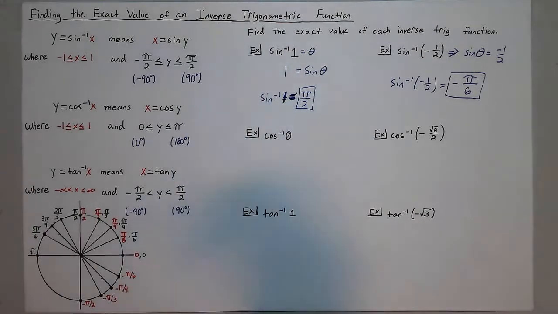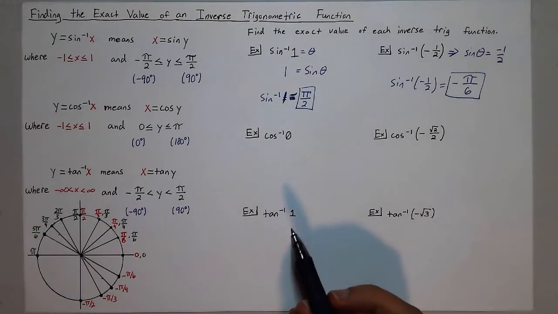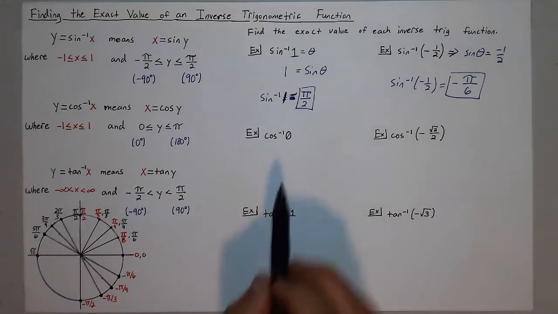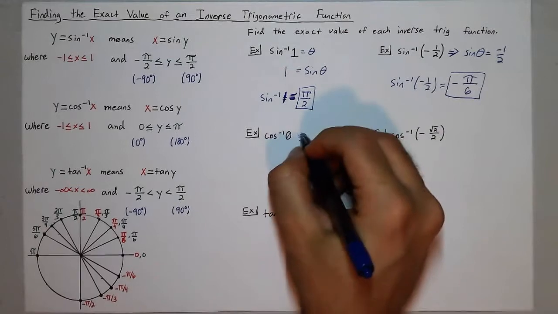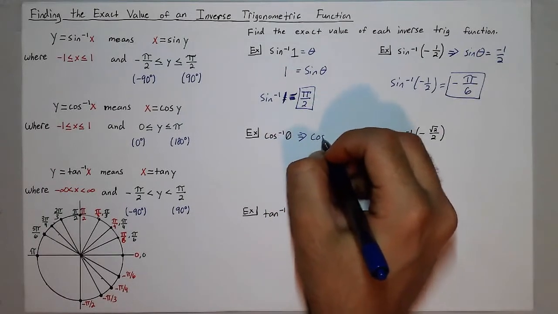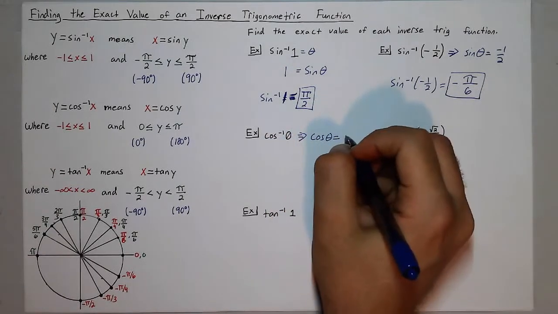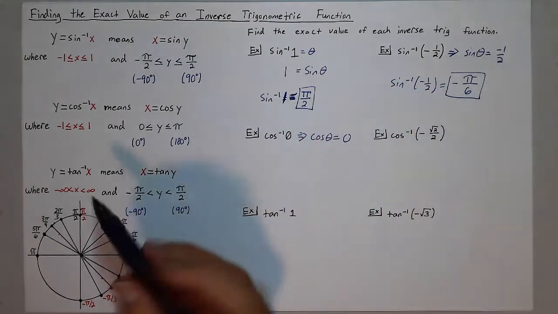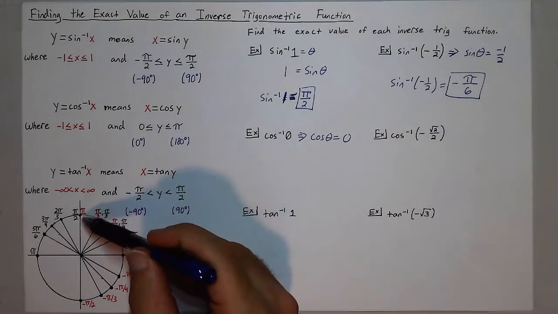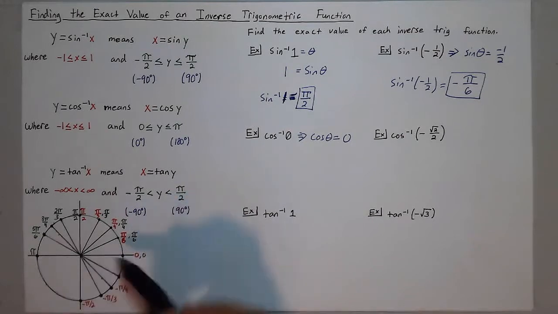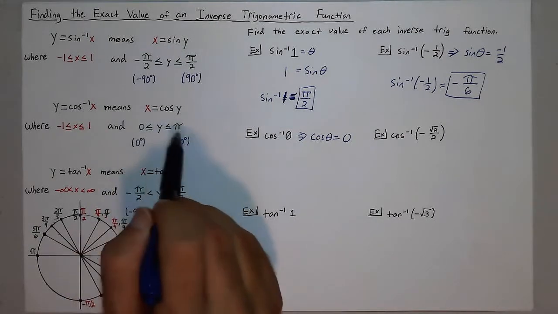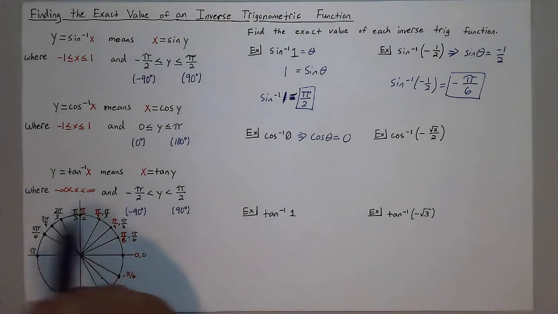Again, you're getting angles when you plug in values into inverse trigonometric functions. For cosine inverse of 0, the logic would be: what angle would make cosine 0, which we know happens at pi over 2 and 3 pi over 2. But we're not going to use the bottom one because our range is going to be from 0 to pi, or 0 to 180 degrees.